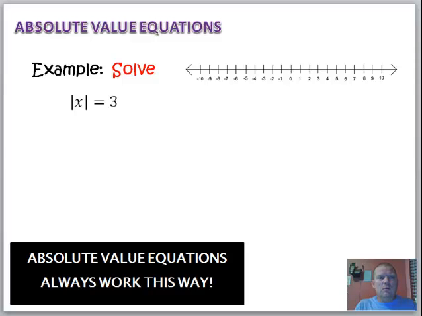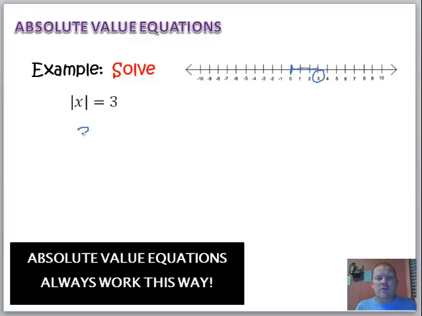Now let's use what we just reviewed to help us solve some absolute value equations. If we take the absolute value of some variable x and we want the answer to be 3, that means the distance x is from 0 has got to equal 3. If here is 0, we go 3 to the right: 1, 2, 3. There is our answer.